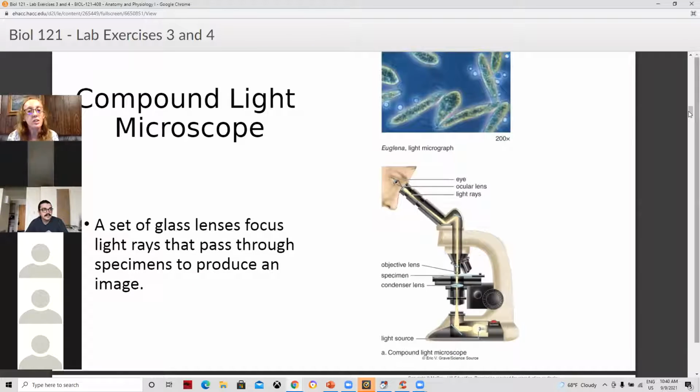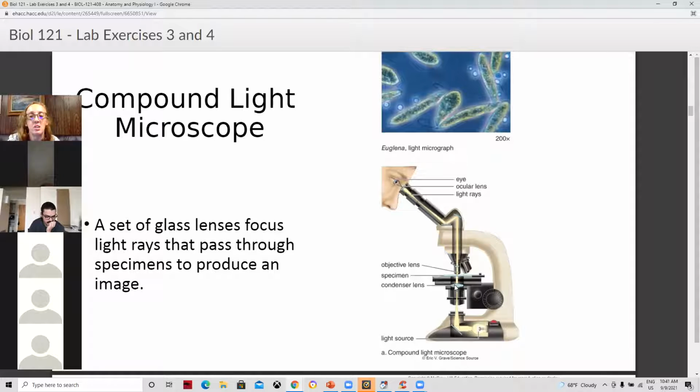So, kind of a summary, compound light microscope. A compound meaning we compound the strength of one lens by the strength of another lens. Think of compound as meaning a magnification. So one lens's strength is compounded by the strength of another one. So two sets of glass lenses, one right here, one right here, or one right down here, and one down here.